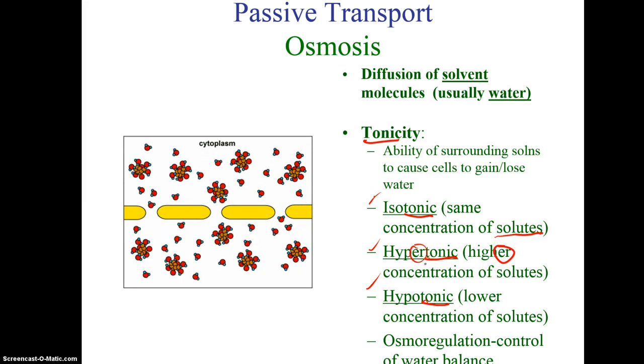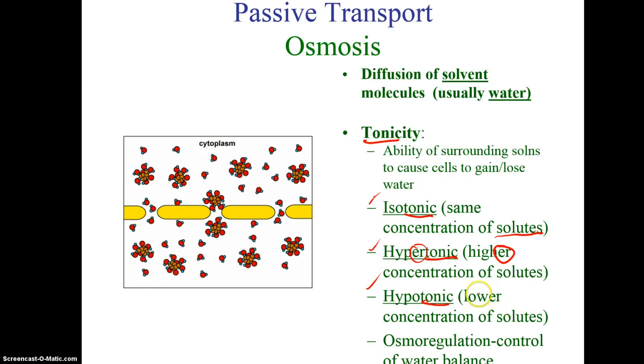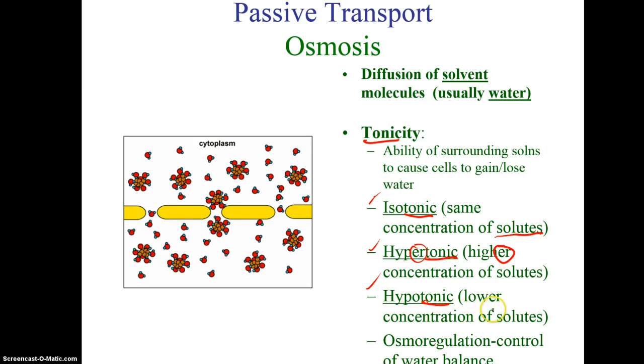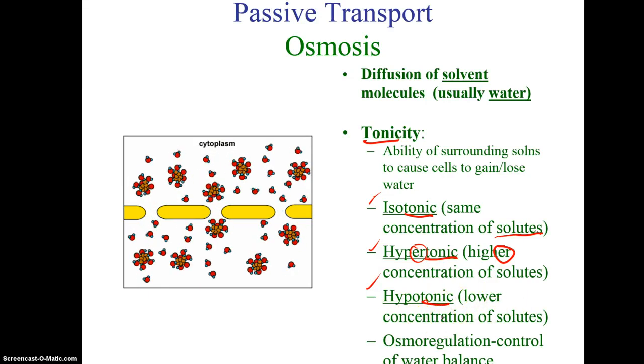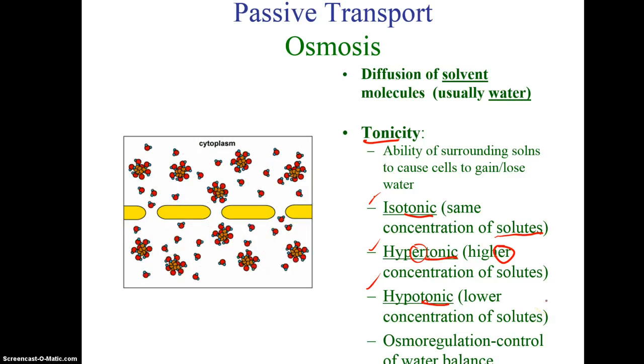Okay, hypertonic means you're going to have a higher concentration of solutes, which means you'll have a lower concentration of water. Hypotonic means you're going to have a lower concentration of solutes, which means you will have a higher concentration of water.